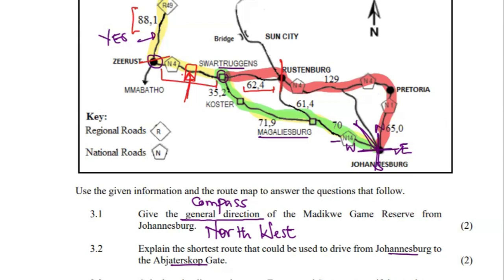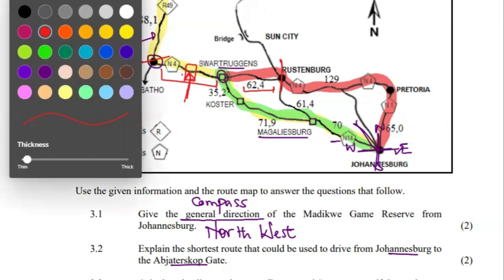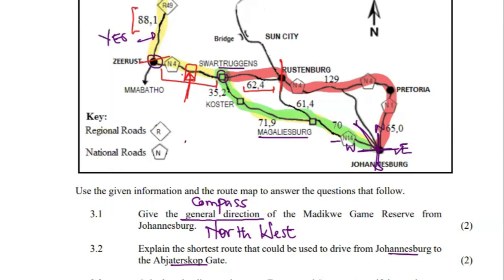Now, allow me use this. I will say the first route I would advise, I would say via Coxter, and we are going to add this distance. As you see, we have 70 plus the 71,9 plus 35,2.